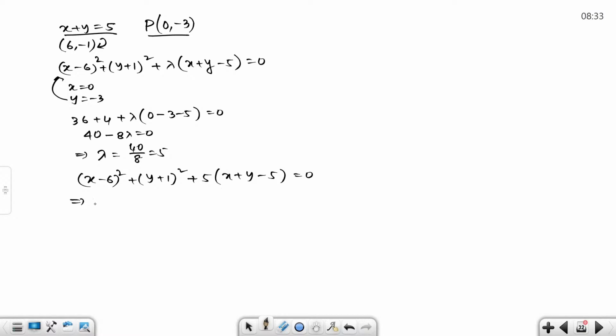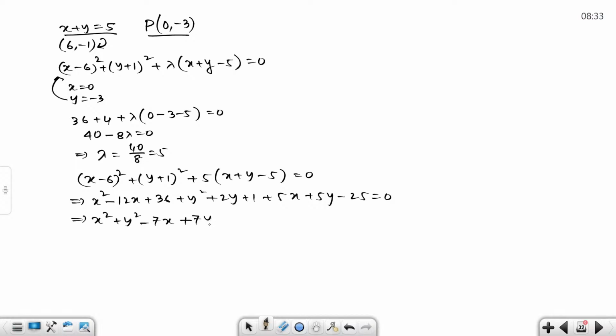so let me open the brackets. Clear? So let me just simplify a little bit. Y is here, so 7y, and 36 plus 1, 37 minus 25. So it's basically 12 equals to 0.